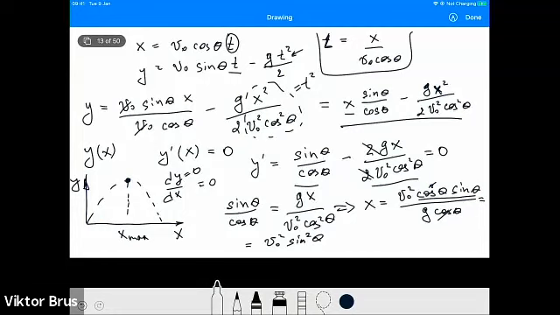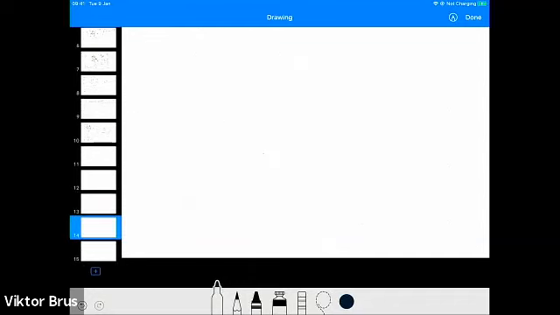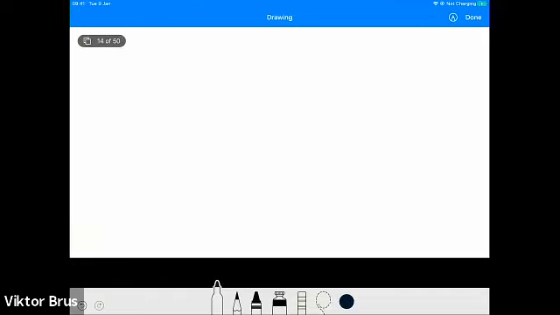Too many things are going on on this slide. We probably need to go to another slide. So let's copy this equation and go to another slide. So we got x equal to v naught squared multiplied by sine theta multiplied by cosine theta.